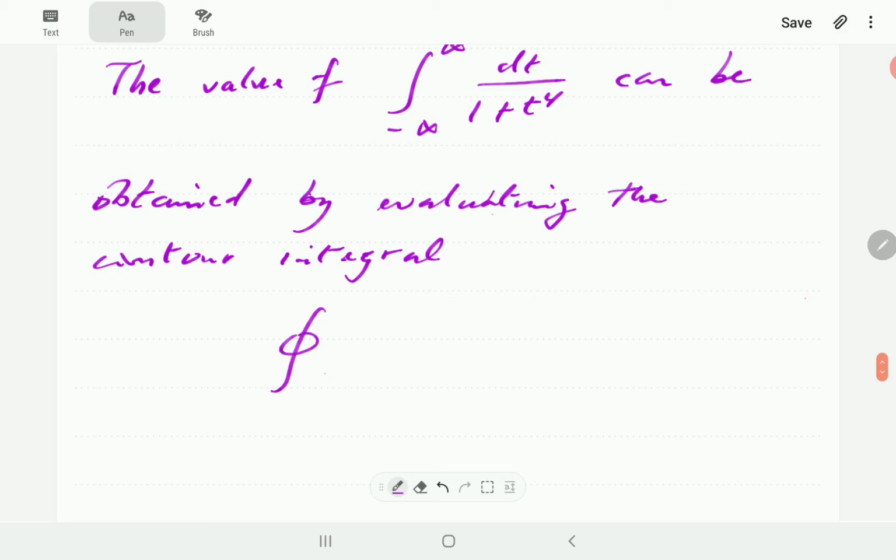So the integral of dz all over 1 plus z to the power 4.